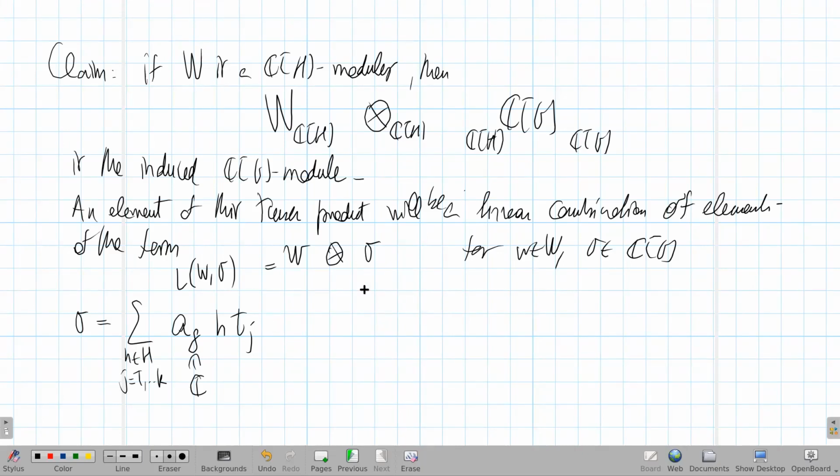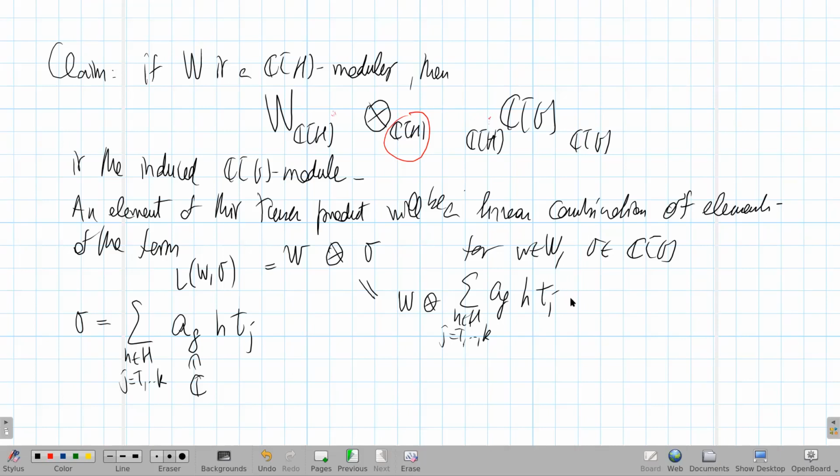So when you look at this element, you can do exactly what we were doing a moment ago inside this CG module V. This is also over vector spaces, so this element can go outside or whatever they please, but since it's a tensor product over CH, an element of H that we find on the left here can go to the right here.